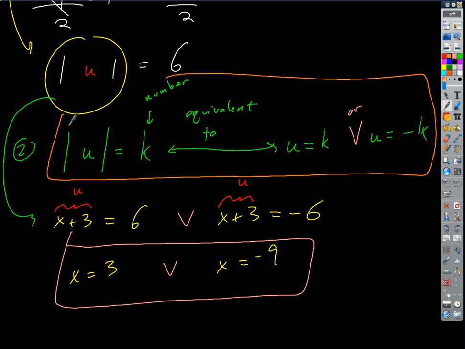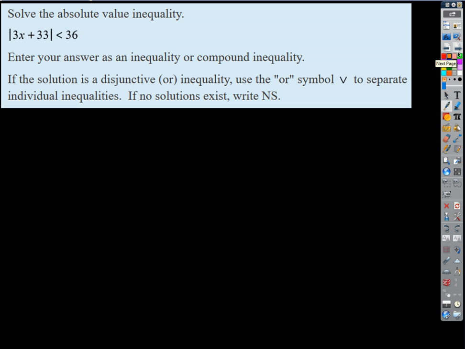Okay, that's for equations. If we get the absolute value of u equals k, then this is the trade that we make, right? The only thing different about this problem is now we've got an absolute value of u is less than some number instead. Just a different relationship, but we're going to make the same kind of trade. Everybody agree that in this case, part one is already done?